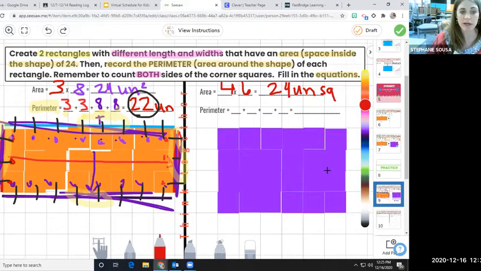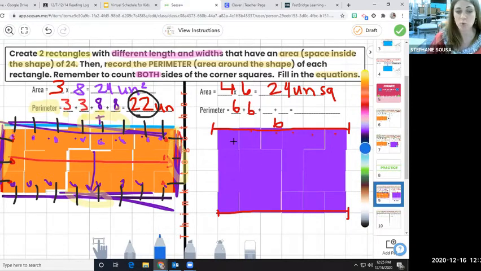Our perimeter is both of our lengths. So I'm gonna look at the longest side. That is 6 squares. 1, 2, 3, 4, 5, 6. So it's going to be 6 for the top plus 6 for the bottom of my rectangle. Some of you might have it on the left and the right, and that's fine too.